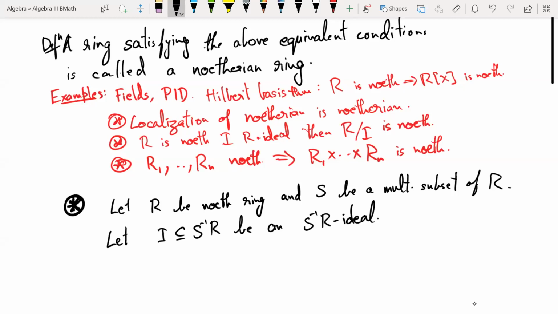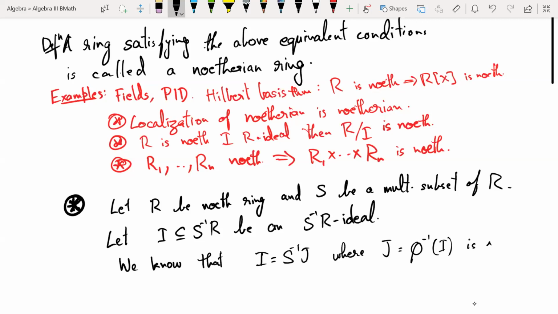So by what we have seen, I is S inverse J, where J equals Phi inverse I is an R ideal.